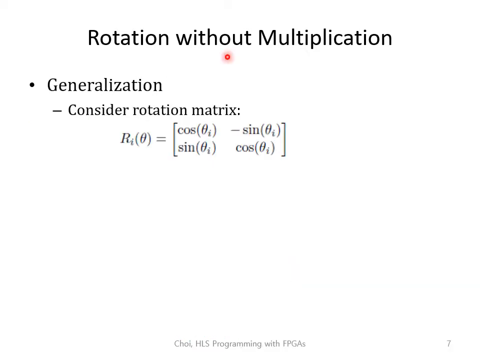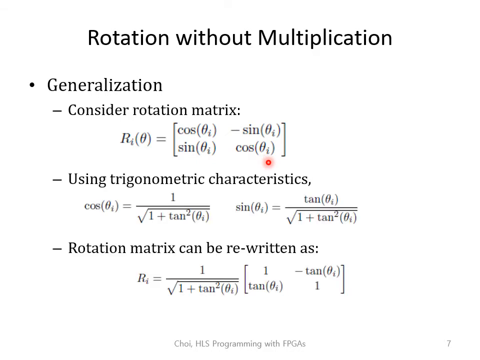Consider the rotation matrix R theta equals cosine theta, minus sine theta, sine theta, and cosine theta. Let's refactor it using the following trigonometric characteristics. Then the rotation matrix can be written in this form. And now what we're going to do is restrict the values of tangent theta i to be powers of 2 only.